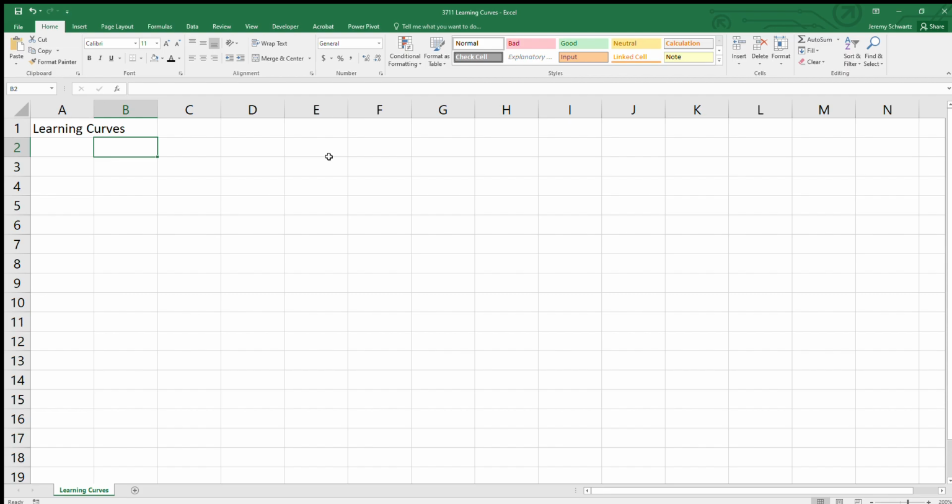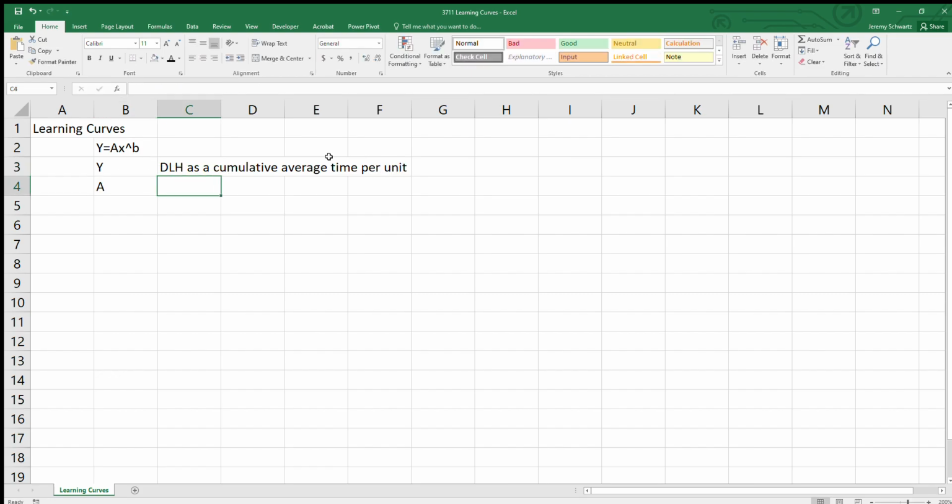So in mathematical terms, we would have a formula of y equals a x to the b power, where y is the direct labor hours, in this case the cumulative average time per unit.